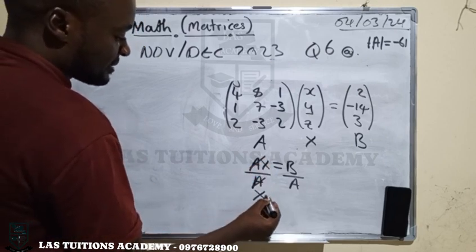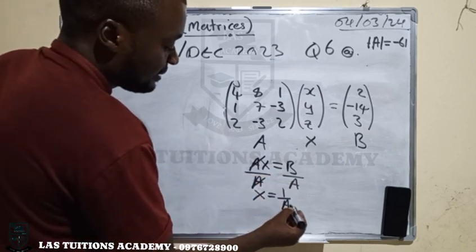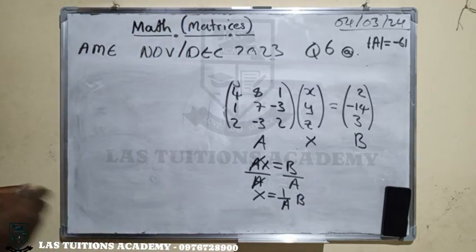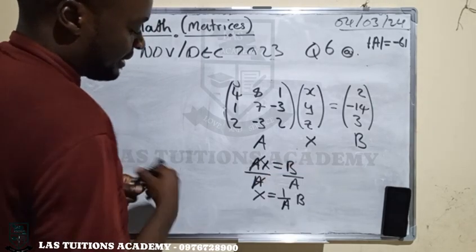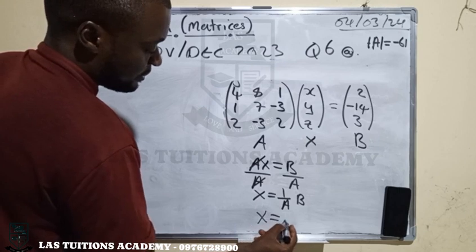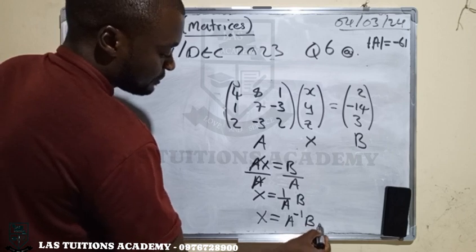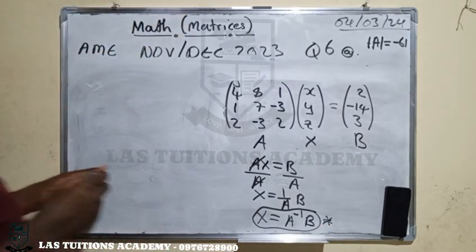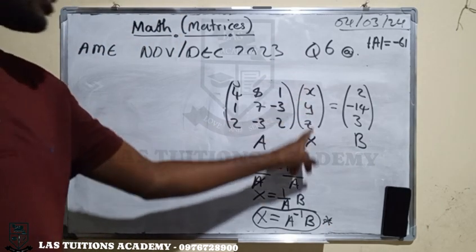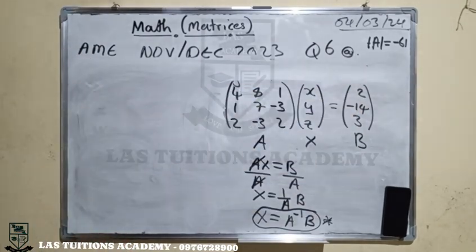So x is equal to 1 over A times B. This is the same as that because this B can multiply by that to give us B over A. So x is simply equal to 1 over A, which is the same as A to the power negative 1, times B. So this now becomes our formula for the inverse method. For us to find x, y, z, we are supposed to multiply the inverse times the matrix B there. Then we are done. That will be our answer for that.